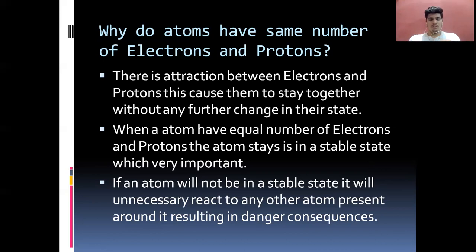Like if the atom is unstable and hydrogen comes in, it makes a blast and generates H2O, but it will still generate a large amount of energy, and thus it may be harmful for us if someone is near it. That's why it's very important that an element should be in a stable state, or it will unnecessarily react to all the other elements present around it.